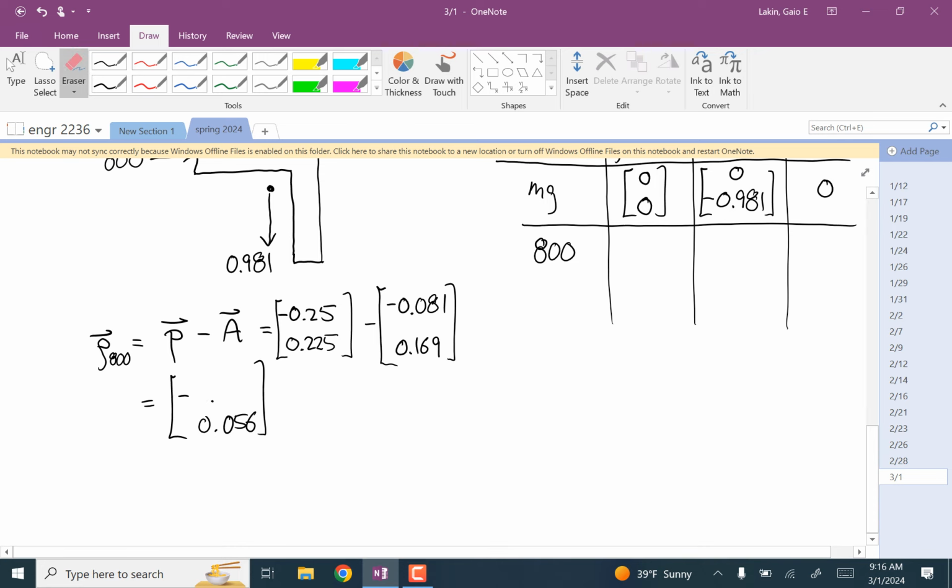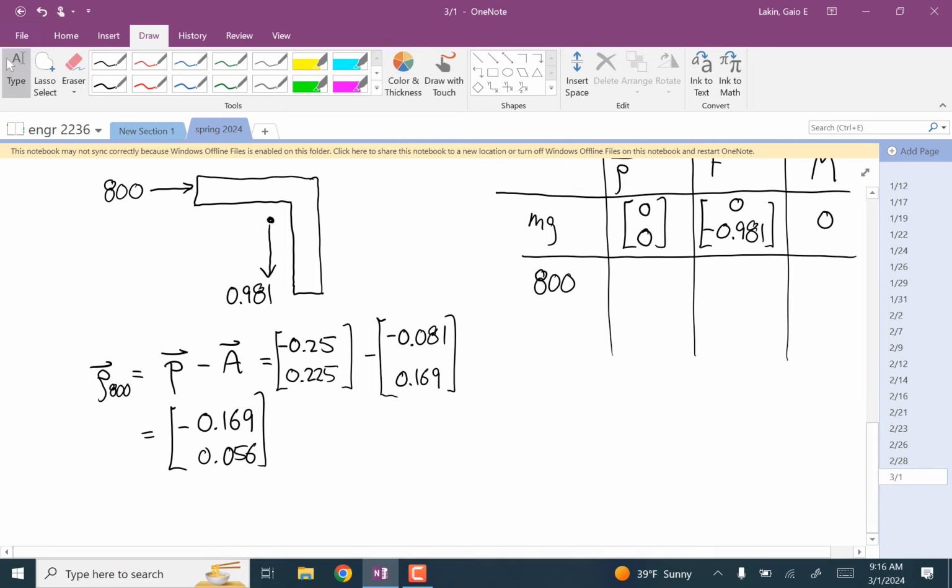And that's going to change this one. So that is 0.169. Okay, now you agree with that one?